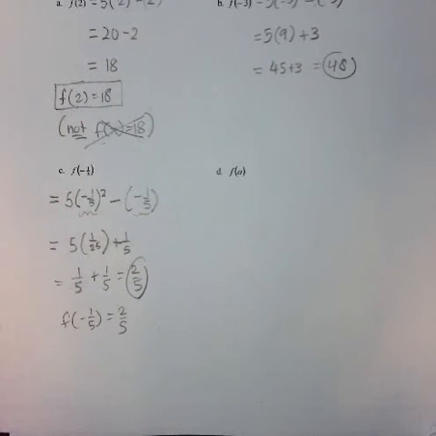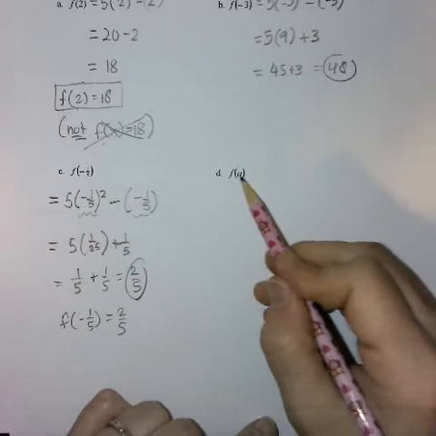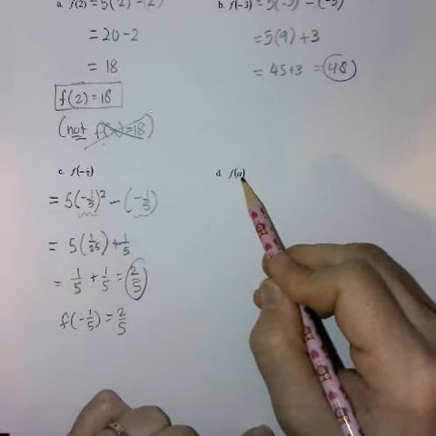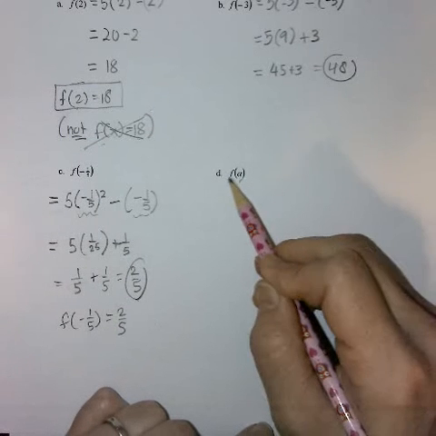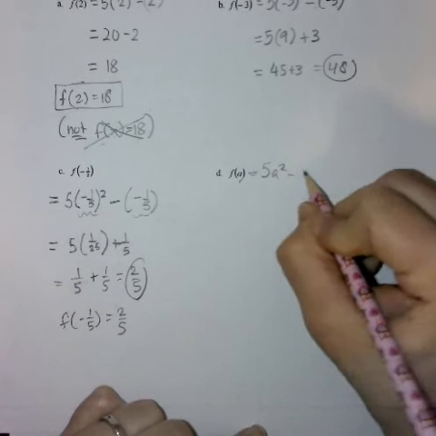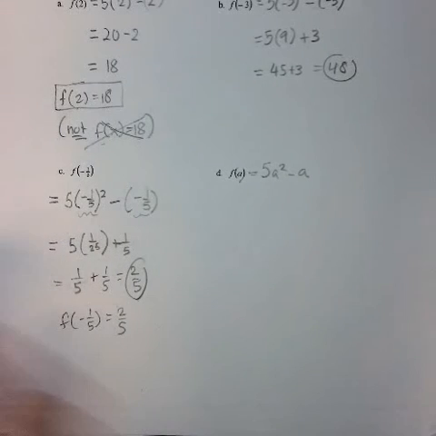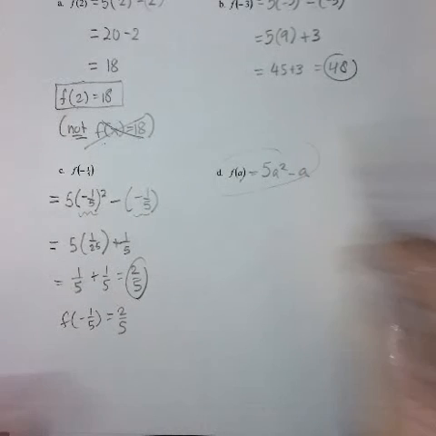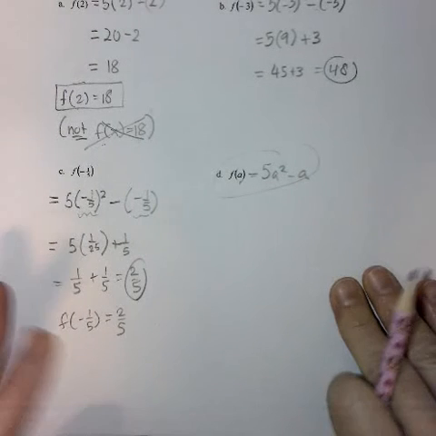All right, in D, f at a, now a is not a constant, it's a variable, but that's okay. We'll plug it in where x was, so this will be 5a squared minus a. That's actually the easiest problem on the page. That's it. It's basically still our function, just with a in it instead of x.